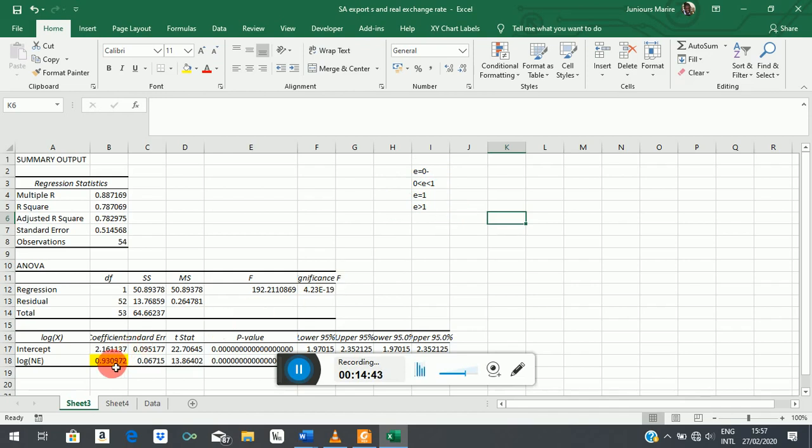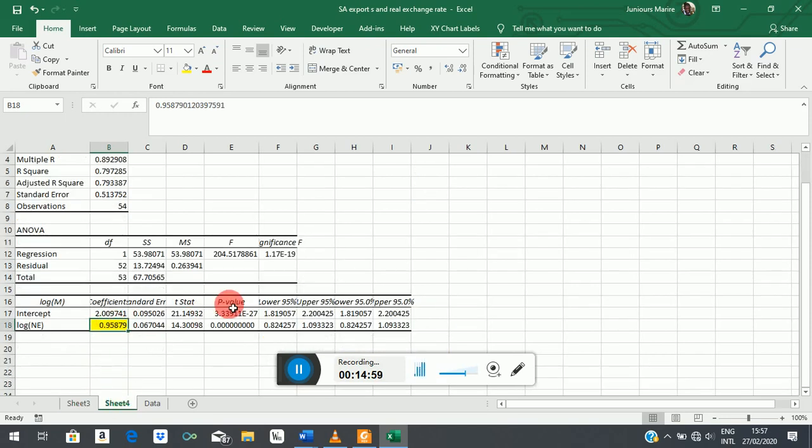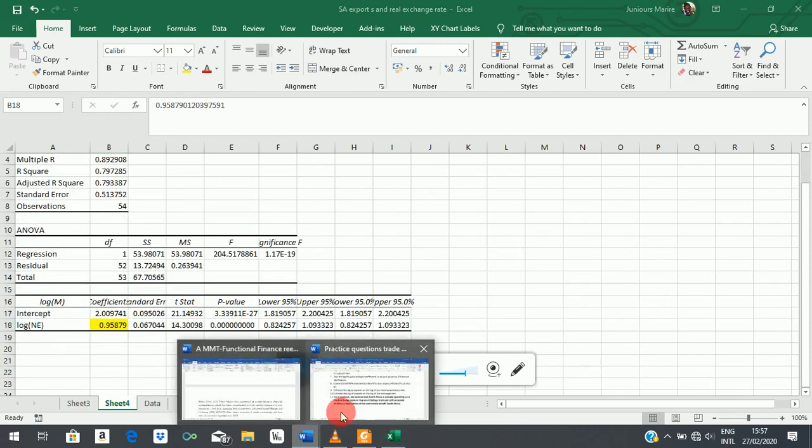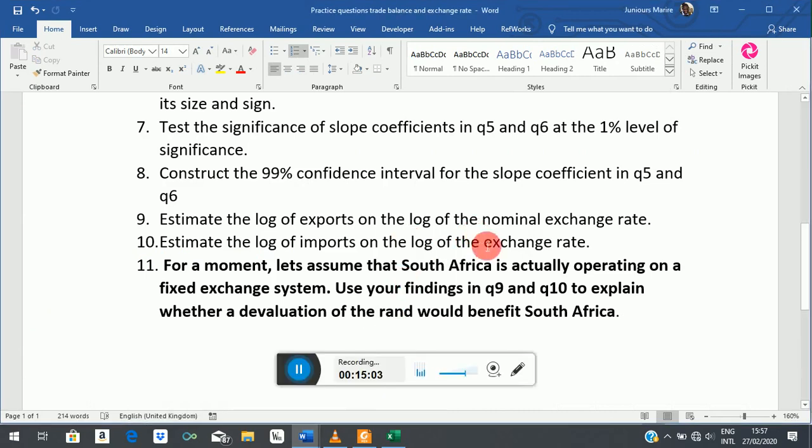So you see this coefficient here lies between 0 and 1. This elasticity coefficient, which means our exports are relatively inelastic to the behavior of the exchange rate, so also are our imports. So now the question you have says, for a moment, let's ignore that the exchange rate is actually floating.